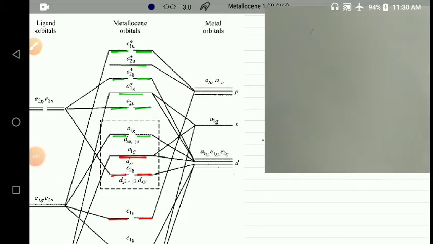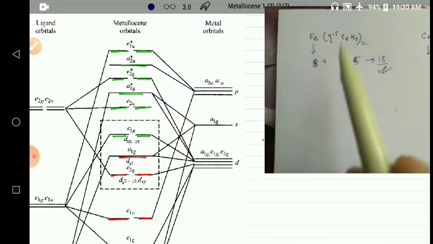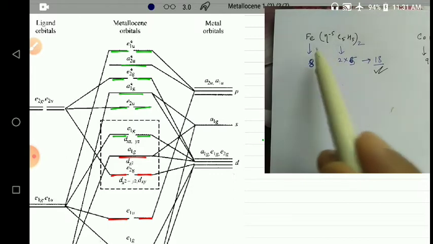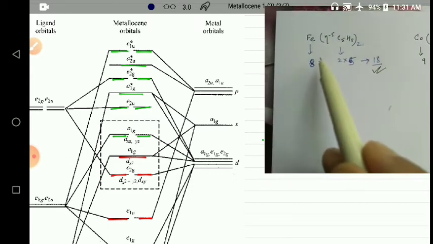Now coming to some examples of metallocene. We have already discussed its complex, the ferrocene. Here the number of electrons will be what?